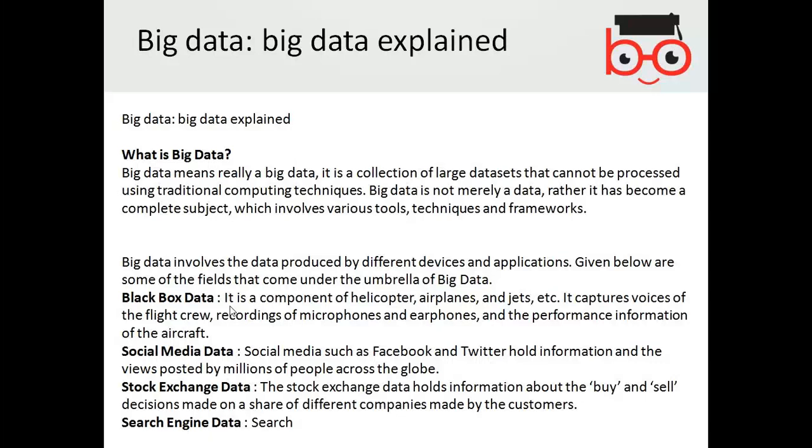They are a kind of big data stored in various specialized database components. Stock exchange data is again not a conventional database, but comes under the category of big data. Search engine data is also not taken from one particular database; they have an algorithm and are taken from a special kind of big data application.